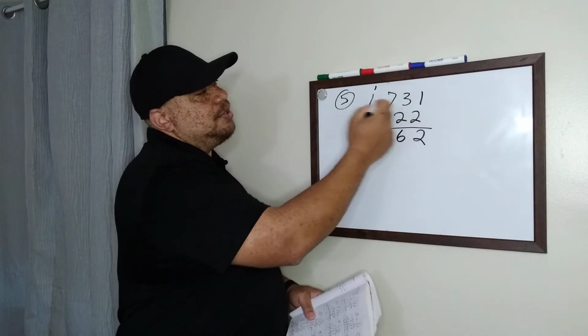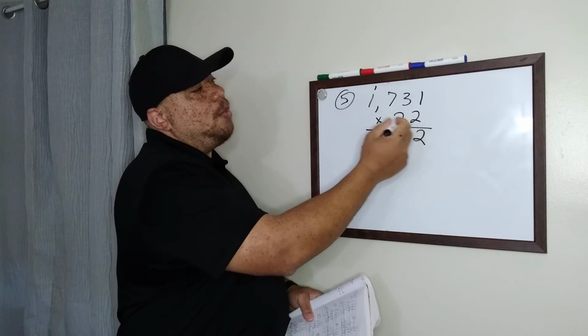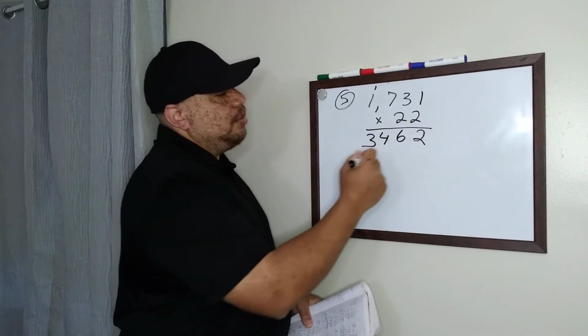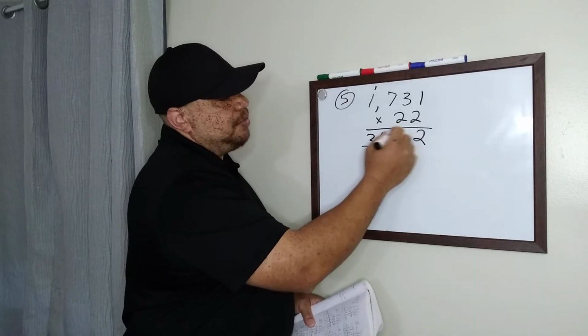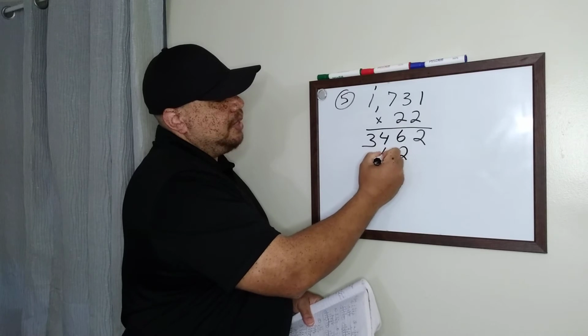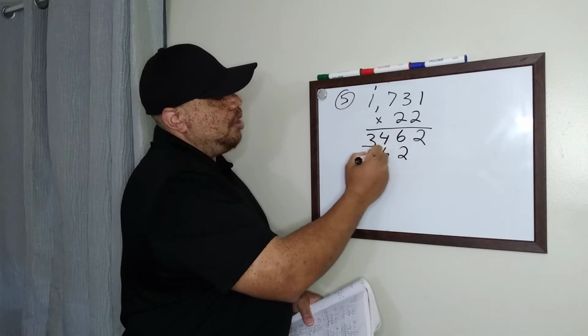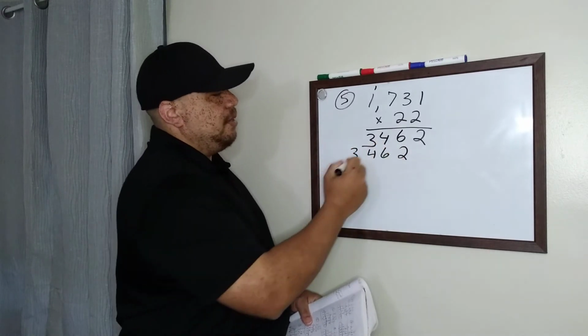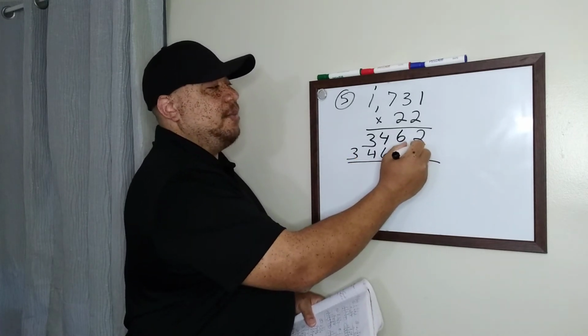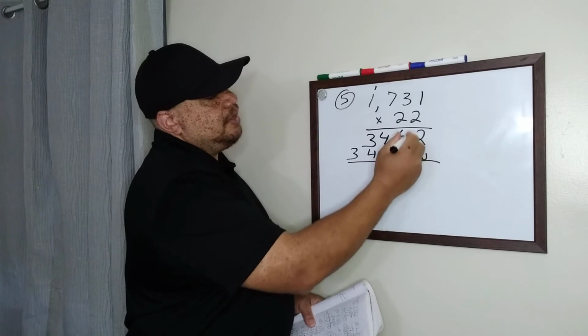Now we can go through the same process, but notice all we have to do is take this number and shift it over. Don't forget, you write it under the 10 section: 2, 6, 4, and 3. So look, it's the same number. This was blank, remember, so we just carry that down.